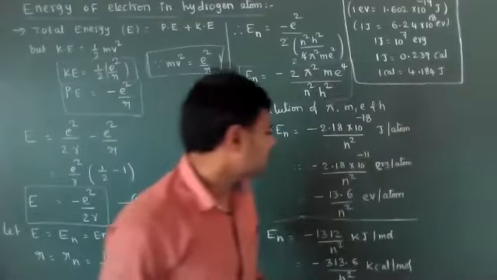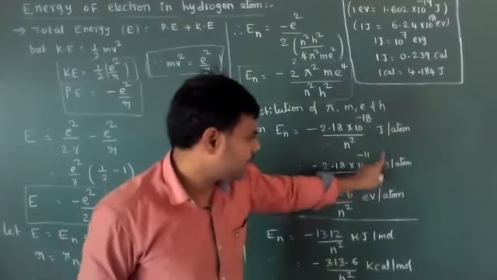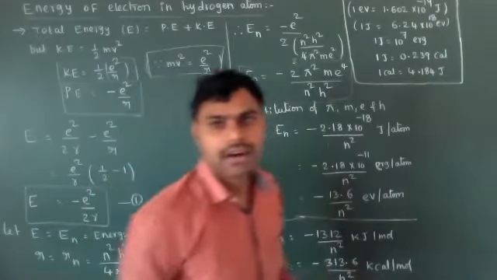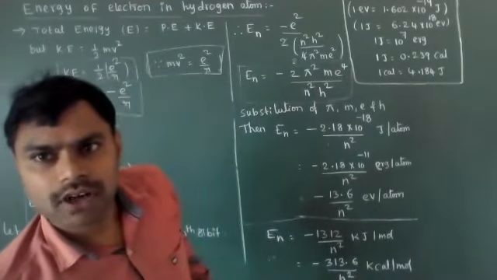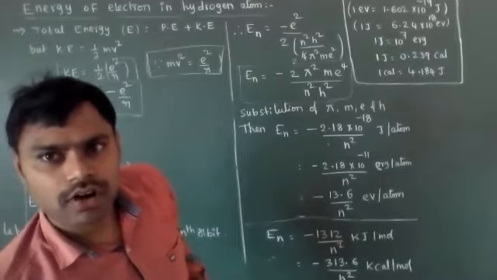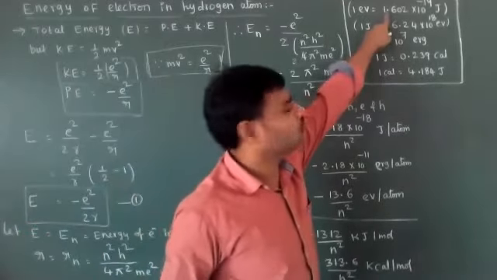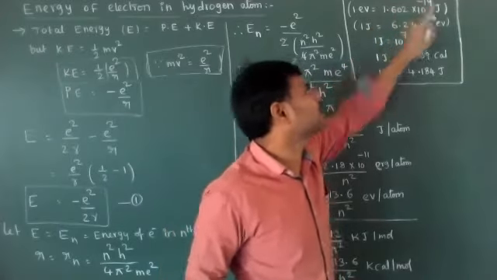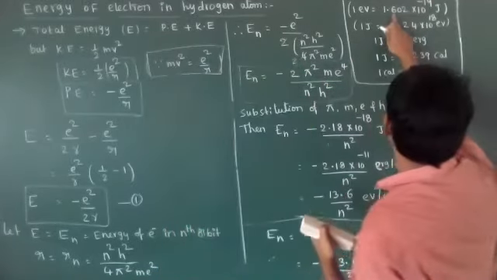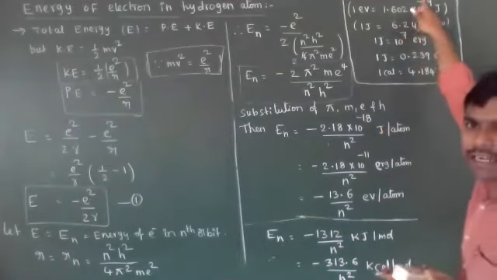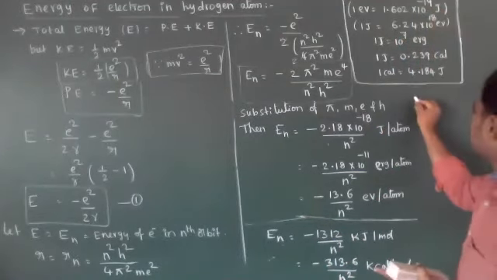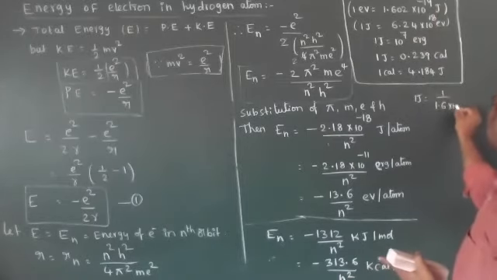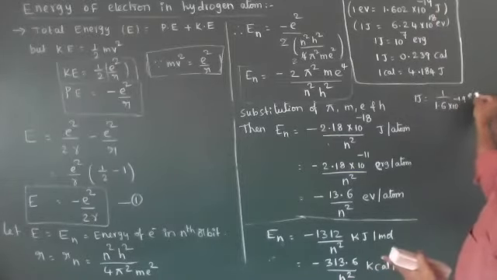Okay, next, the same energy in terms of electron volts. Already I have written one important relation here: one electron volt is equal to 1.602 into 10 to the power of minus 19 joules. Then 1 joule is equal to 1 by 1.6 into 10 to the power of minus 19 electron volts.